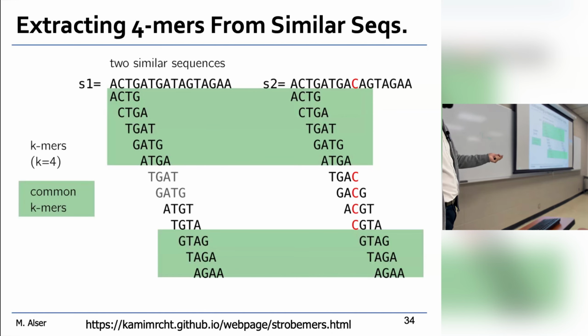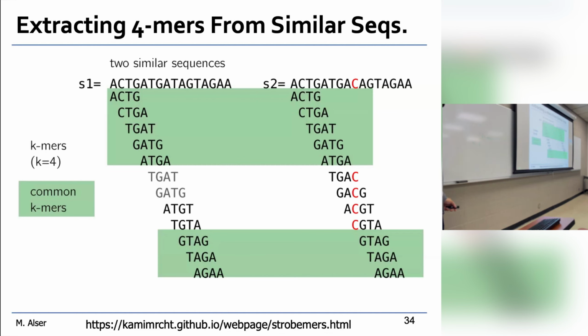Keep doing that until you arrive at the end. And how many of those could we extract? N minus, okay, where are the math people? N minus K plus 1, right? Those are the number of seeds you could extract from here. N is the length of the sequence, K is the length of the subsequence, and plus 1 to adjust for the last character, okay?